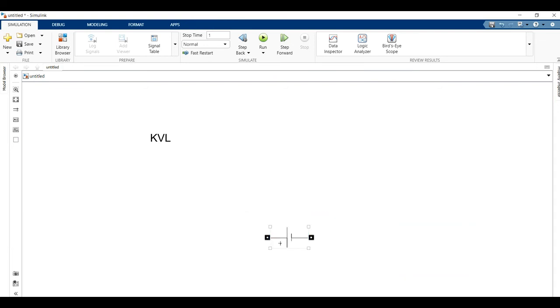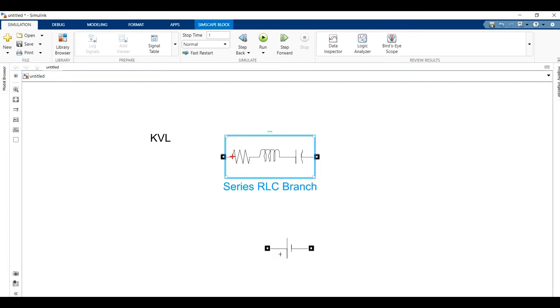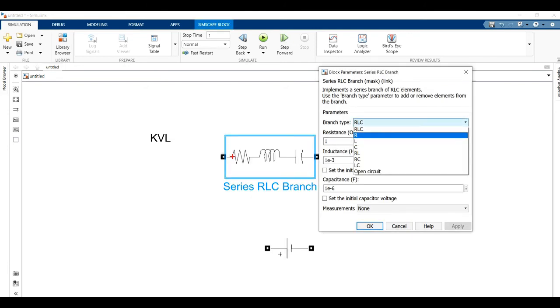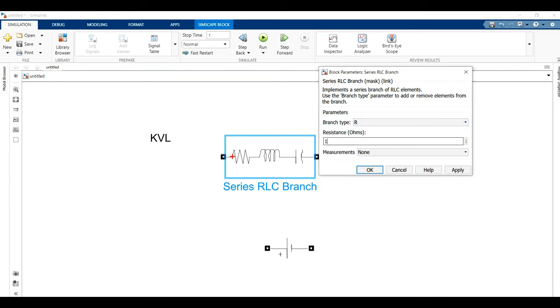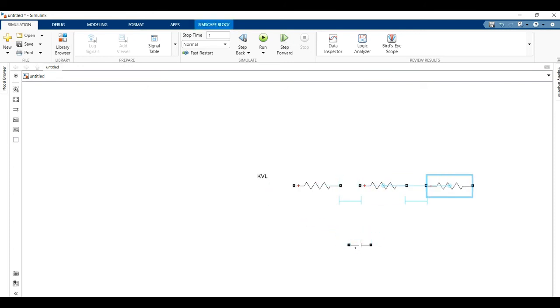Now we need a resistive element. So take a series RLC branch, choose R and give the resistance 100 ohms. Apply, OK. So now take 3 branches to make a complete loop with 100 ohm resistance: R1 is 100, R2 is 100 and R3 is 100.